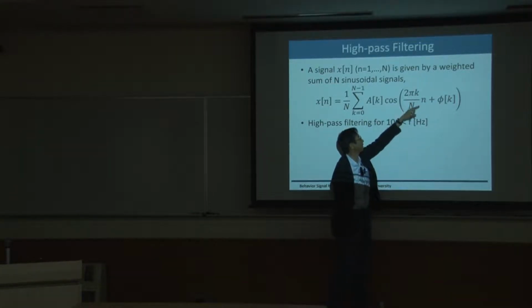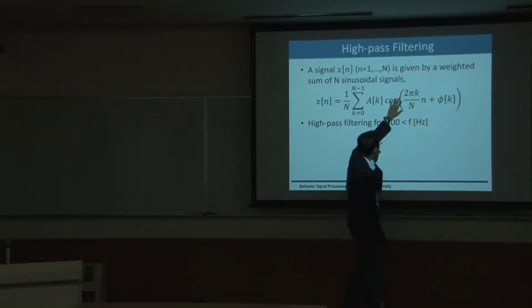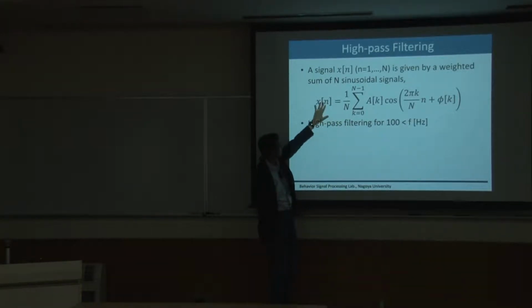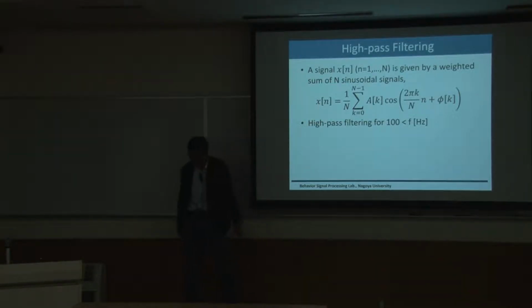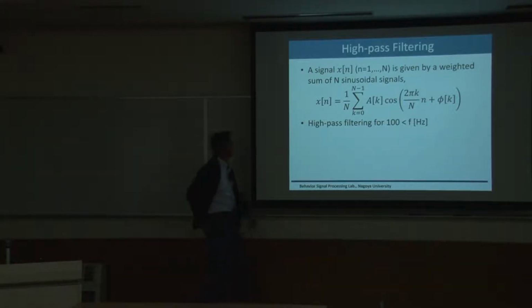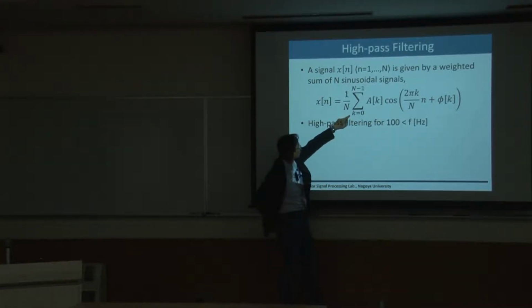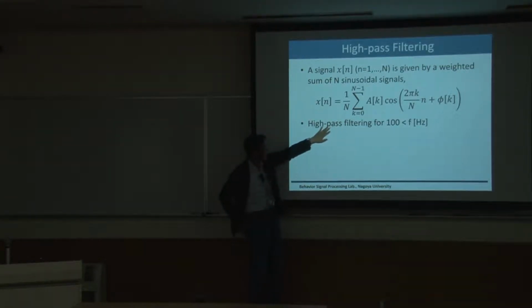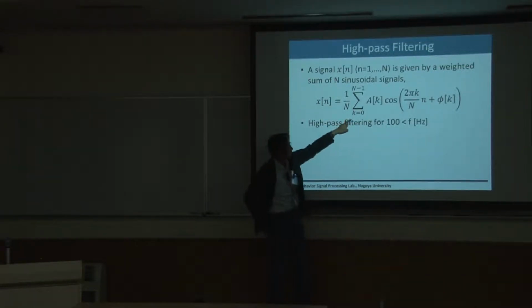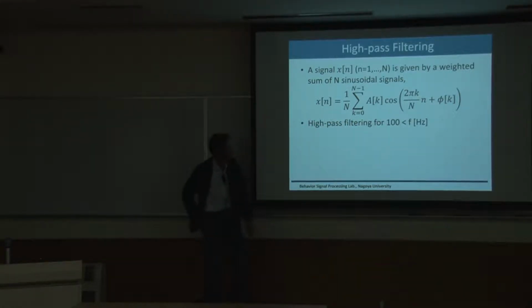When K is very high, then this is a very rapidly alternating sinusoidal wave. Anyway, this is a frequency component analysis, in other words, the inverse Fourier transform or Fourier transform. So when you convert the time sequence signal into this form, you can disregard some cases. For instance, if you would like to pass only the higher frequency components, then you can disregard k equals 0, 1, 2, 3, 4, 5 to 10, for instance, if N is 256.